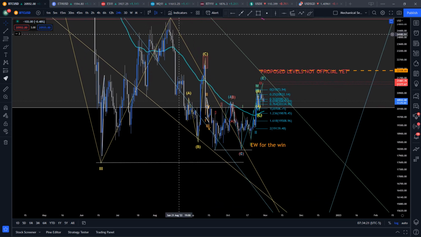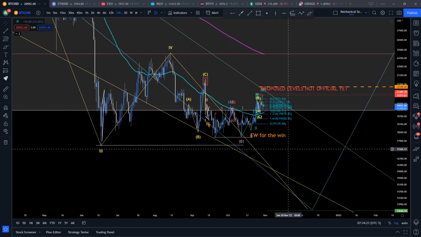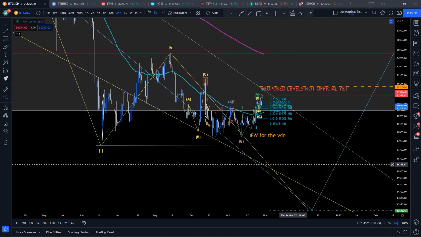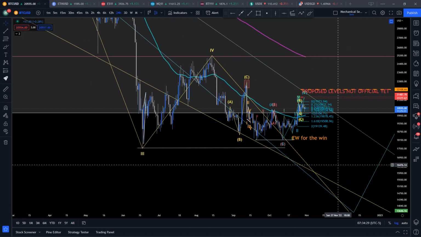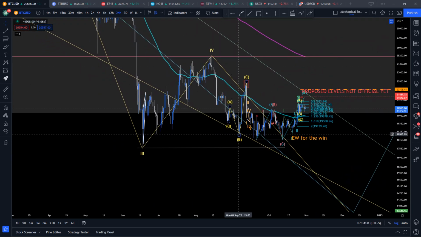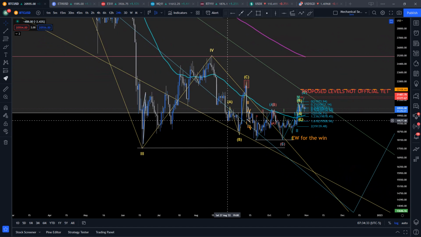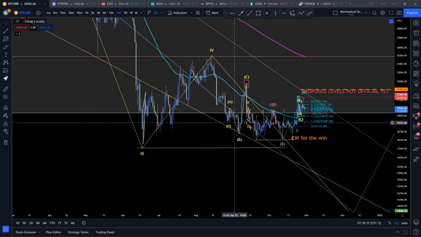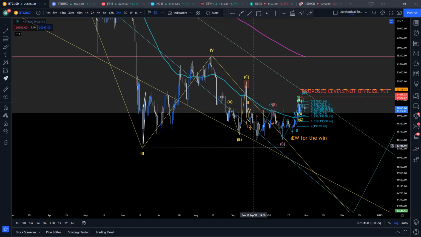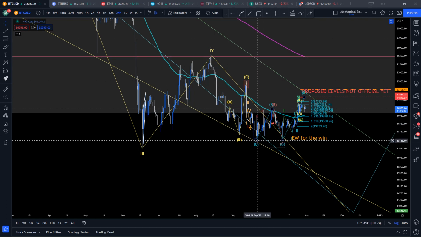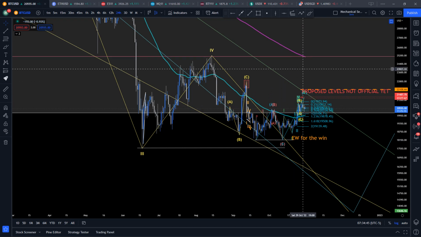For wave 5, typically see an impulse wave down, which is what we're doing. It's a 5-wave sequence, good motive wave. 1 was in place here. I'm sorry, 3, and then flat correction for 4, and then 5, which made 1. So 1 ended here. We're making 2 right now as we speak.